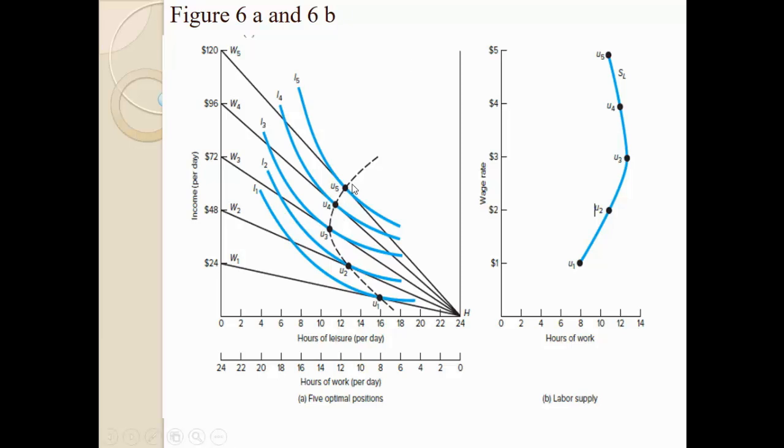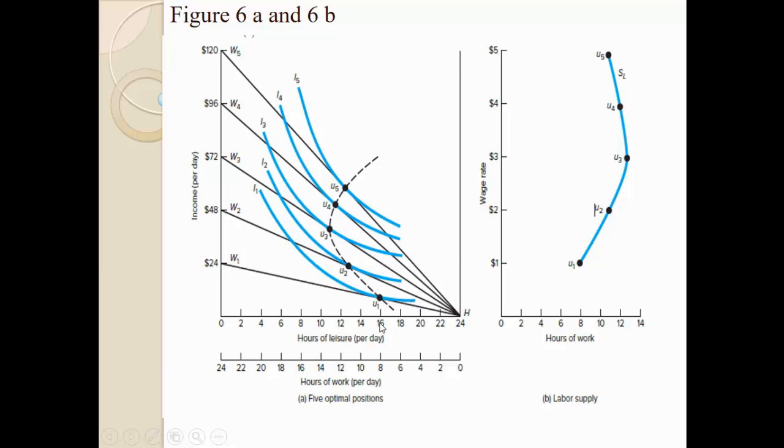Similarly, if the wage rate increases to $5, he moves to W5, and the new budget line is W5, and the new equilibrium position is U5. So the consumer is in equilibrium at U5.